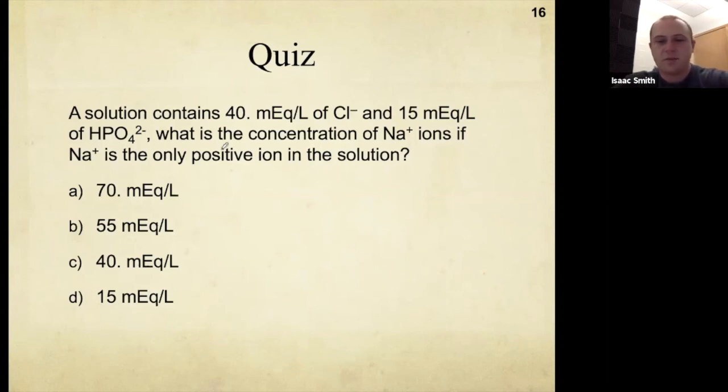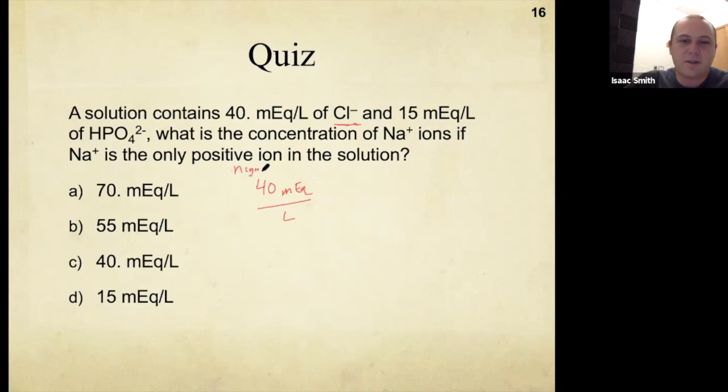All right, so you have 40 milliequivalents per liter of chloride. And so again, remember that milliequivalents is like a quantity of positive charge or a quantity of negative charge. So it really doesn't matter that the question says chloride. This is just telling us that there's 40 milliequivalents of negative charge, okay?